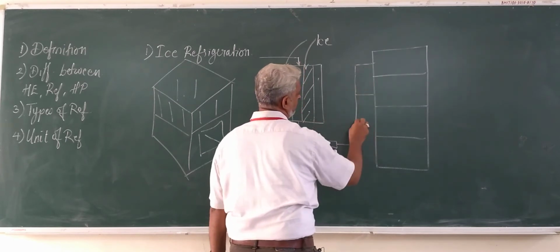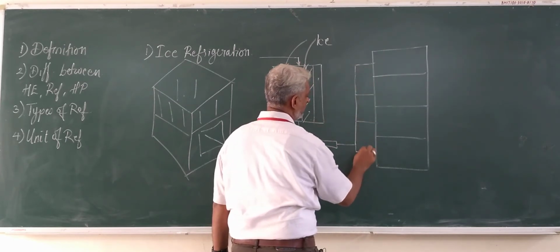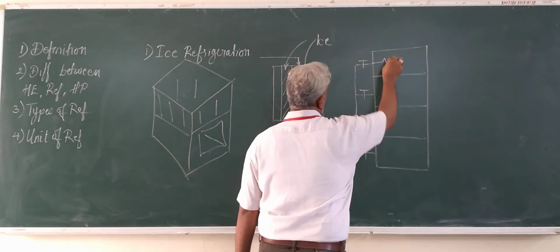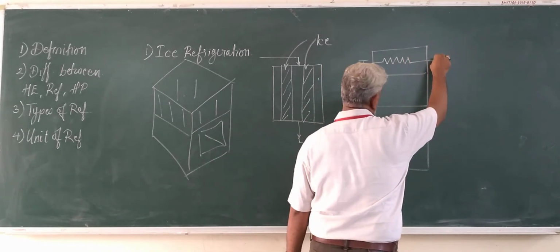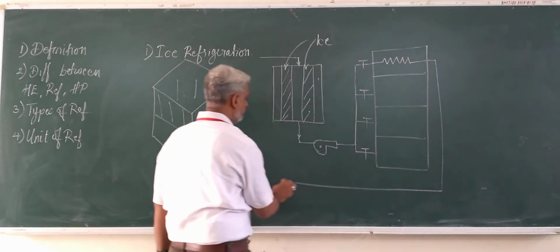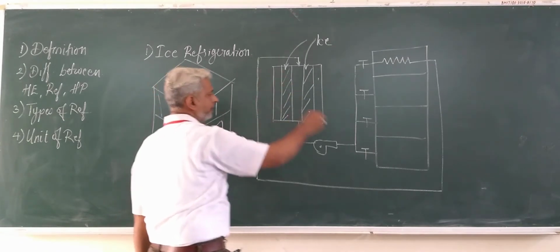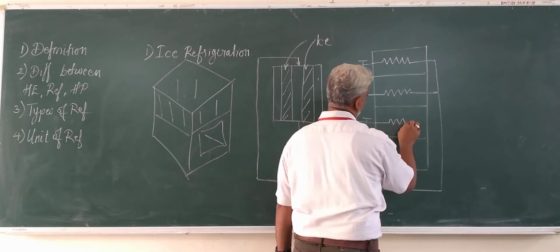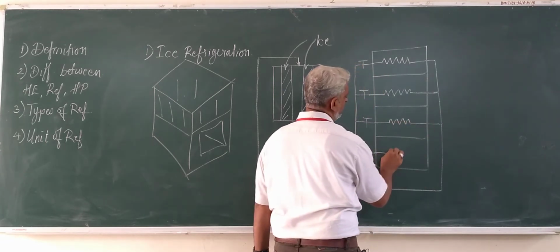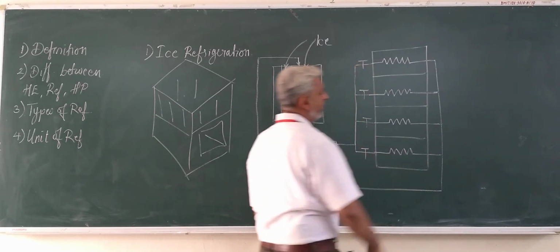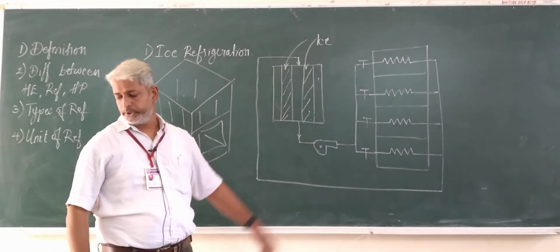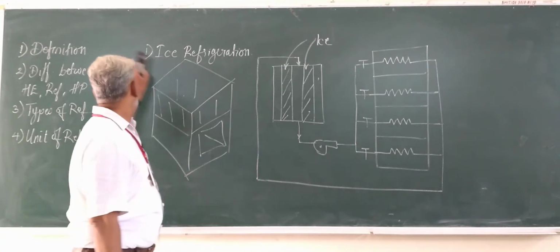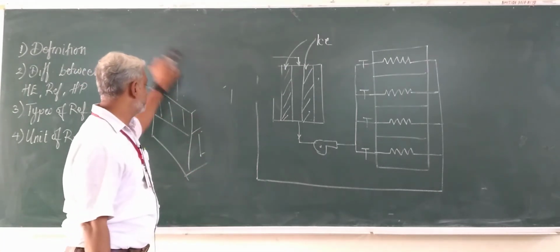In every block, the flow is regulated using a valve. This cold water is circulated through the system and can be brought back to the original chamber. In this way, the amount of refrigeration maintained in the chamber can be regulated by using the cock or valve over here.